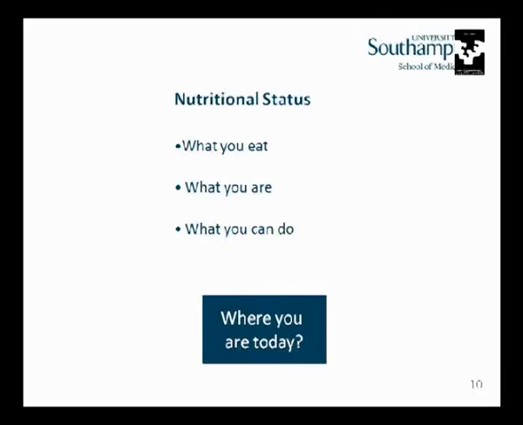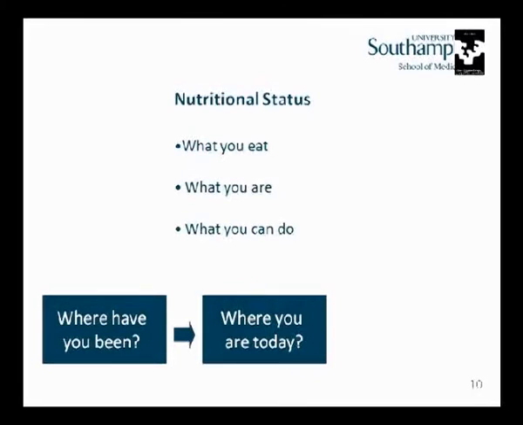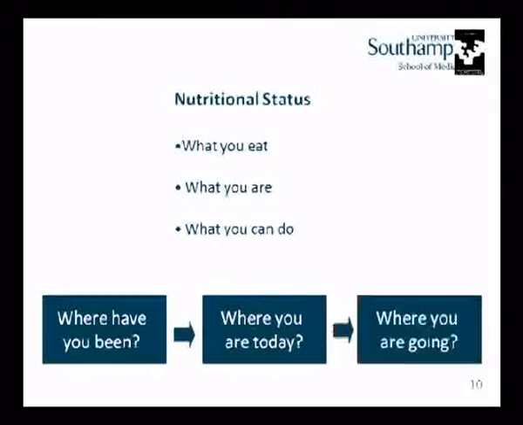And so although we tend to focus on where we are today, we need to consider where someone has come from. That might be more relevant for clinical nutrition. And also, where are they going? So looking at risk factors for predicting health. And you've had people talk to you about obesity and chronic disease.